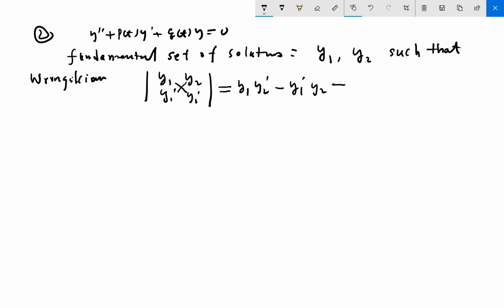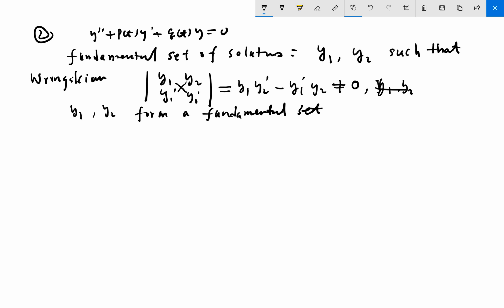If the Wronskian determinant is not 0, then we say y1 and y2 form a fundamental set. Let me say it again. What is the fundamental set?